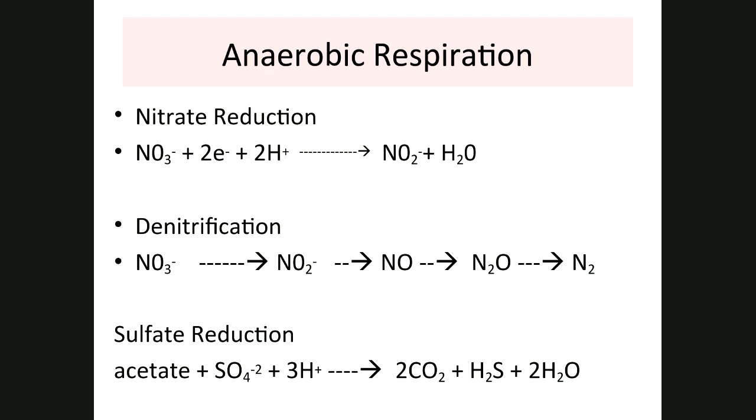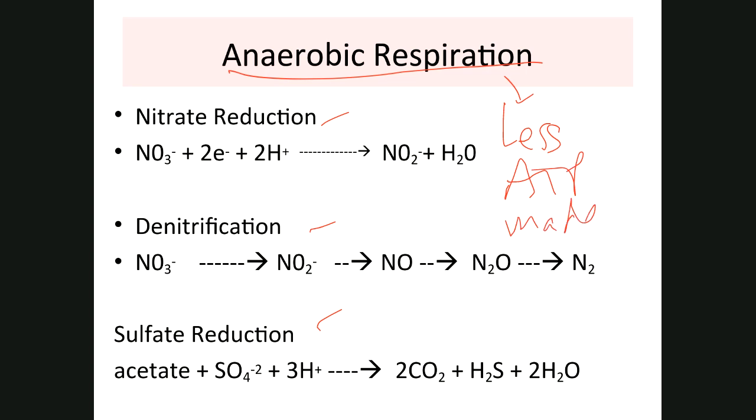However, the caveat is that because they're not as good as oxygen, they are also not going to be able to produce as much ATP. So an anaerobic respiration pathway is less efficient. There's less ATP made.